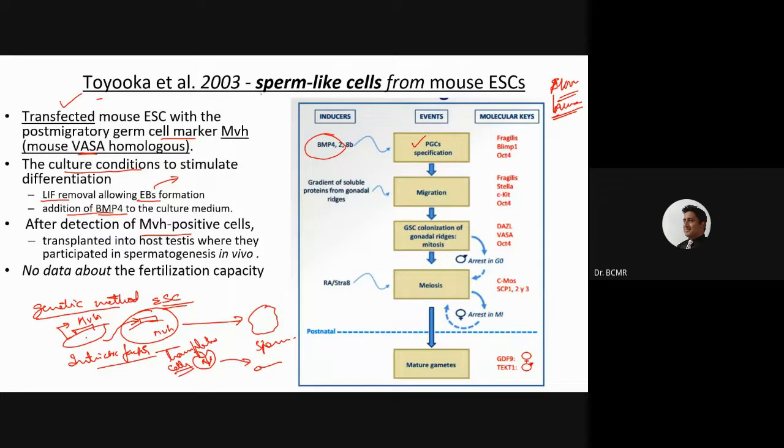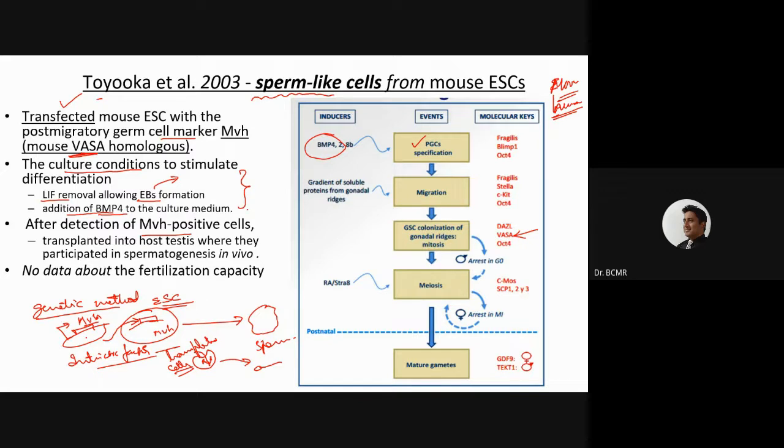So I hope you understood the essence of this paper. Let me repeat. This is the first time they have produced sperm-like cells from embryonic stem cells. They used the genetic method by overexpression of MVH, which is like a VASA homologue. The VASA is here. And in the culture medium, they have removed LIF to allow the formation of embryoid bodies.